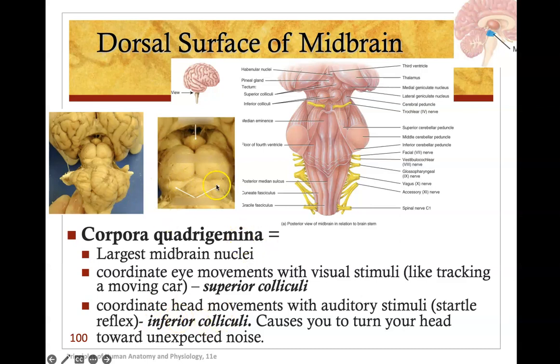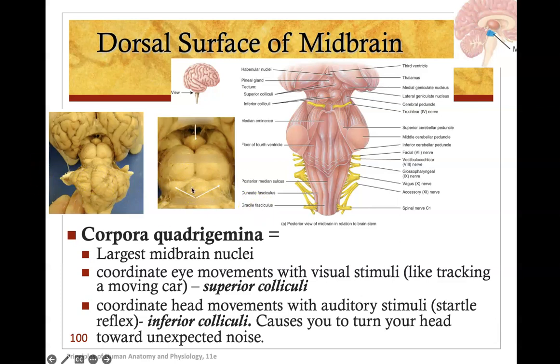The inferior colliculi are going to coordinate your head movements with auditory stimuli. So, for example, you hear a loud noise behind you, and you quickly turn your head around. That startle reflex and turning your head in the direction of the sound goes through the inferior colliculi.